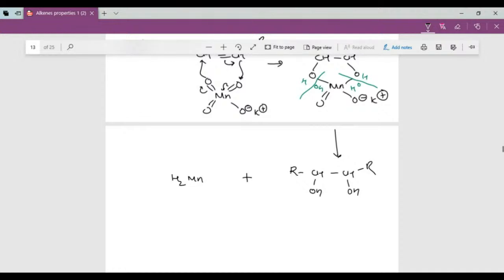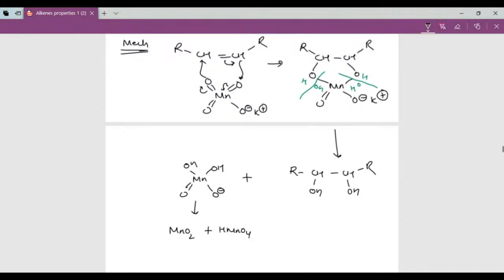Let me write it as a structure, it would be easier to understand that way. We have Mn, OH, OH, O minus, like this. Ultimately, it disproportionates, and we have MnO2 and HMnO4 along with water.